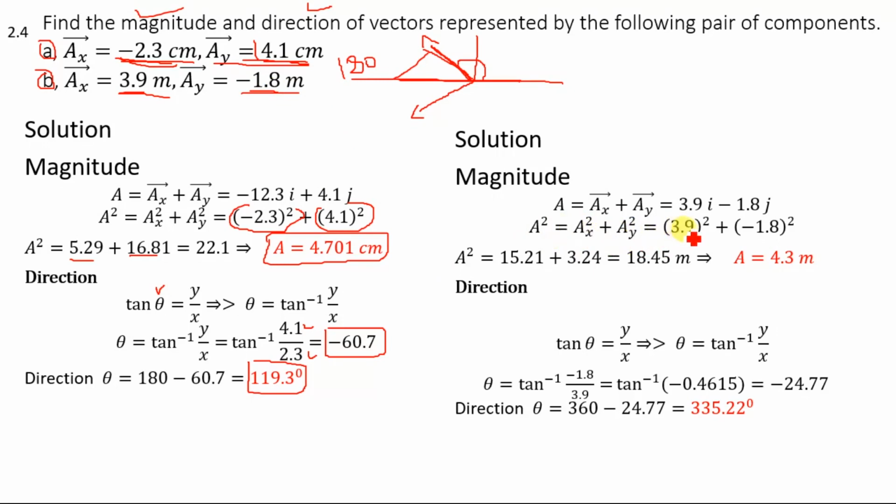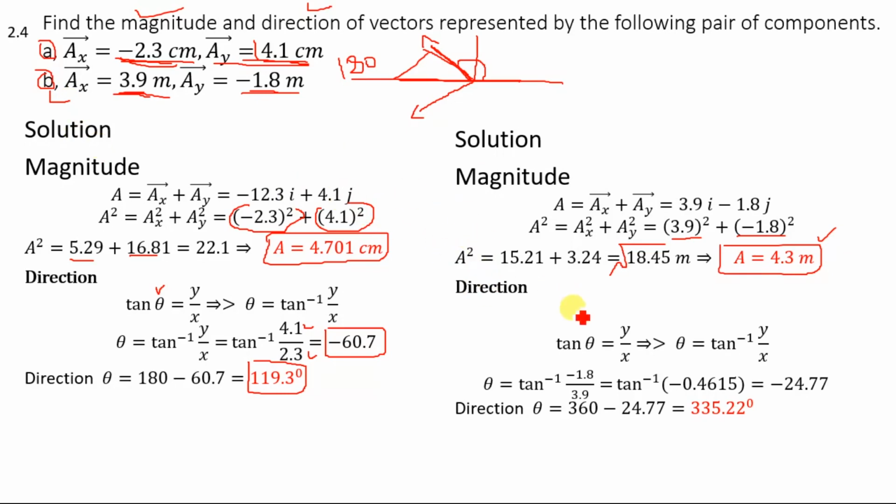We will have 3.9 whole square, which is the x component square, and minus 1.8 whole square is the square of the y component. Solving this and then taking the under root, we will get A is equal to 4.3 meter. Now this 4.3 meter is the magnitude for this part B of the numerical.